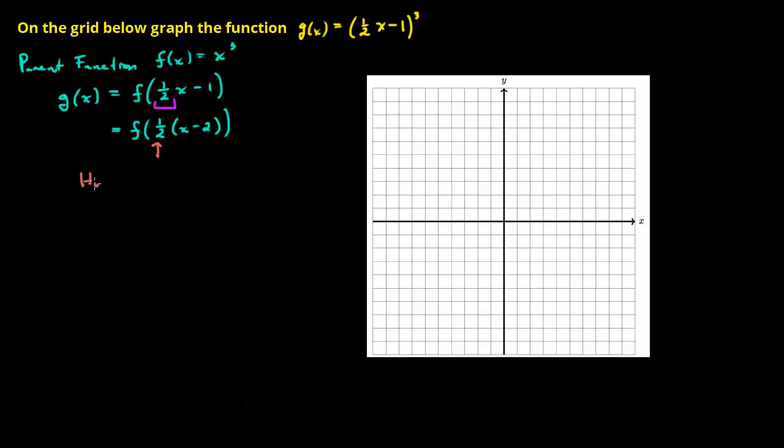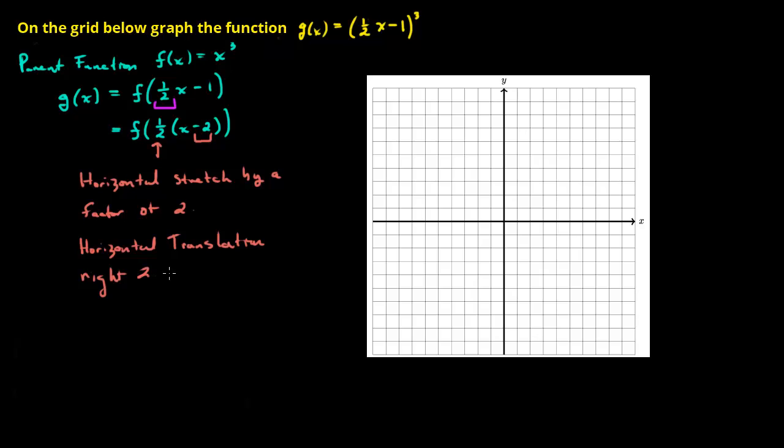And x minus 2, when we subtract 2 here, is a horizontal translation right 2 units.